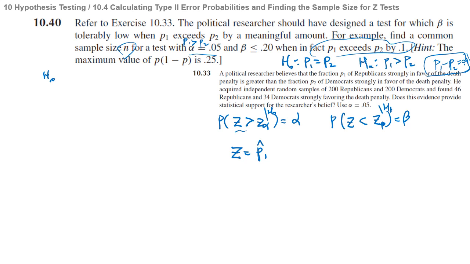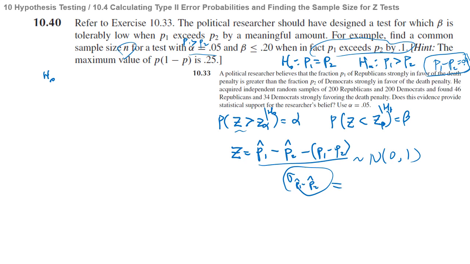And here the z is P1 hat minus P2 hat minus the difference of P1 minus P2, divided by the standard error of P1 hat minus P2 hat. This is the related distribution, and this should follow normal 0, 1. The standard error is the square root of P1 times 1 minus P1 divided by N1 plus P2 times 1 minus P2 divided by N2.